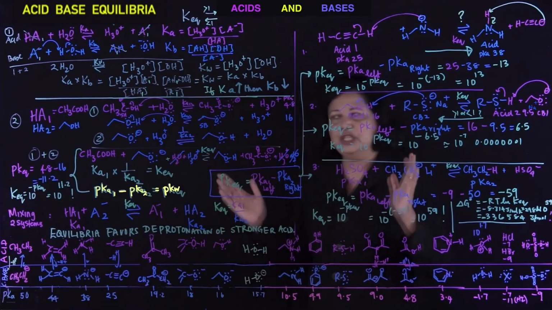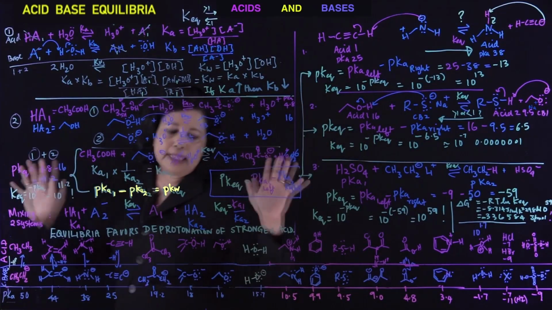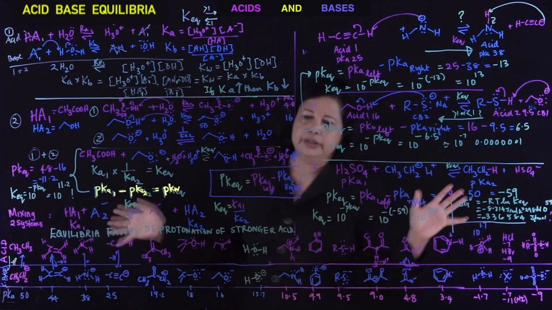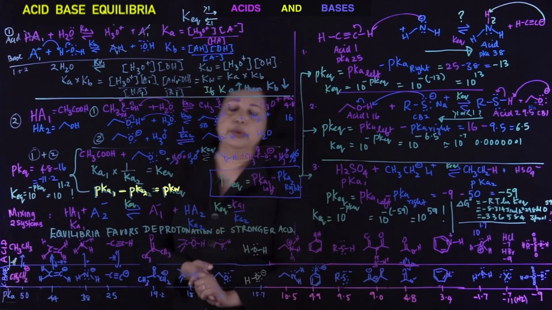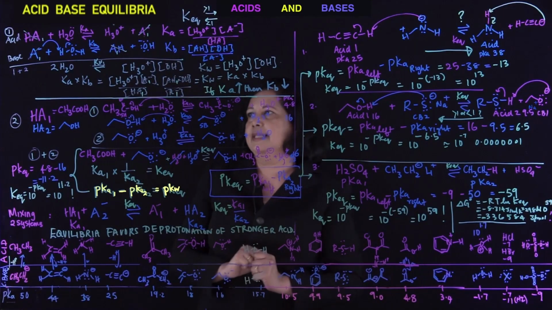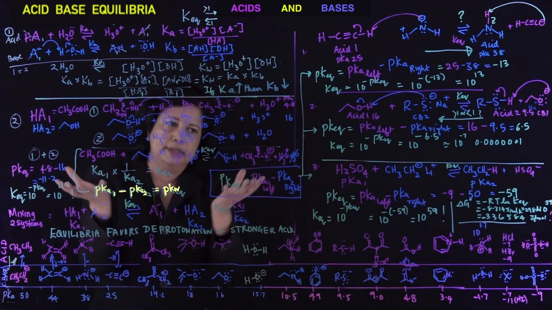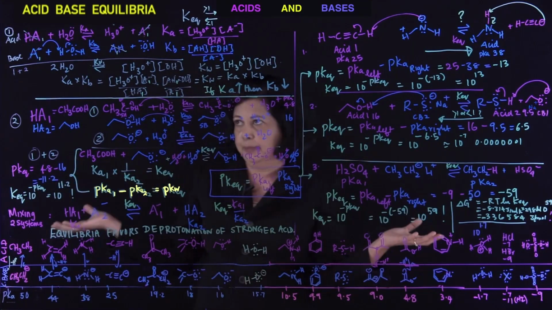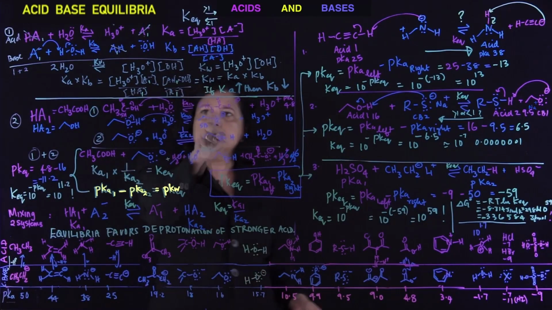And in summary, I just want to let you know that Ka values are really important in predicting the direction of acid-base reactions. Therefore, the stronger the acid, the weaker the conjugate base. The second concept is if you put two protonated species, let's say in water, what's going to happen? So here you're going to have an equilibria.